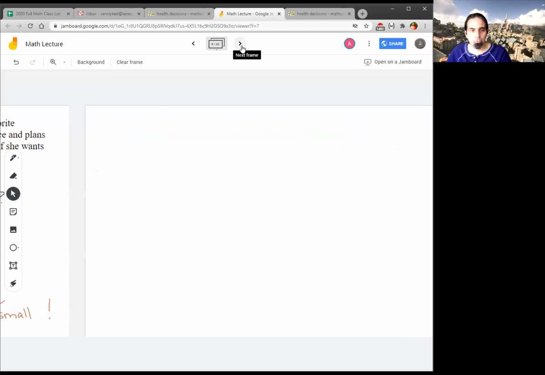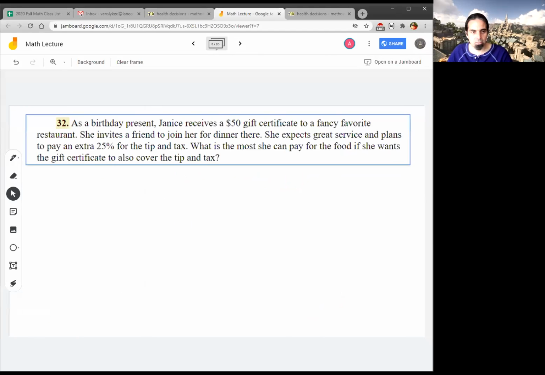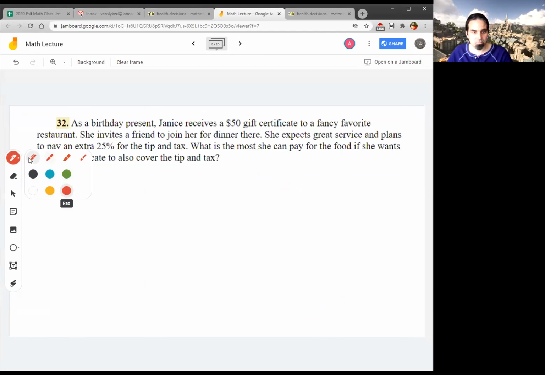So let's ask a different percent sentence. So we're wondering if you pay for the food and the tax and tip. So that's going to be 125%.